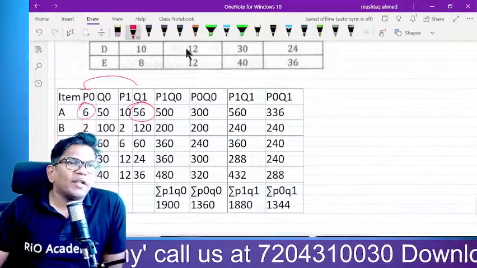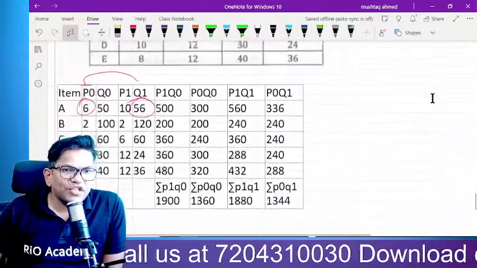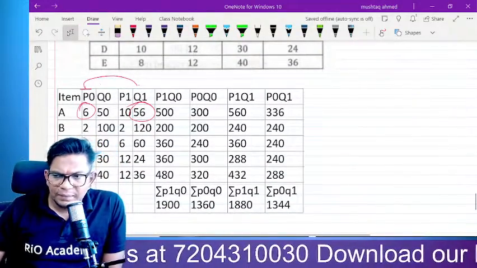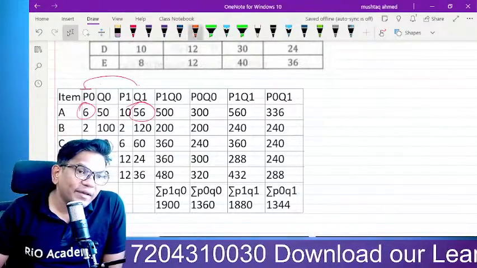Now, children, let's follow the formula. What is the first formula? Last price, Paasche, and everything will cover now, and Marshall Edgeworth also we can cover.